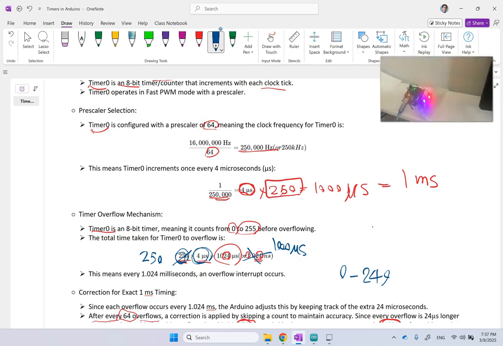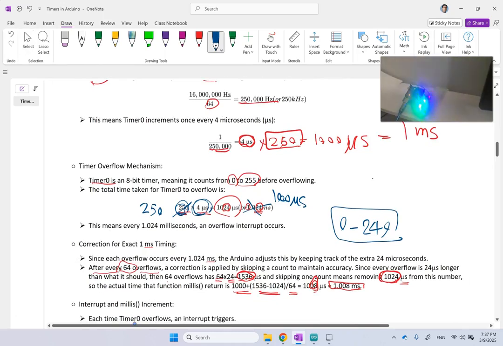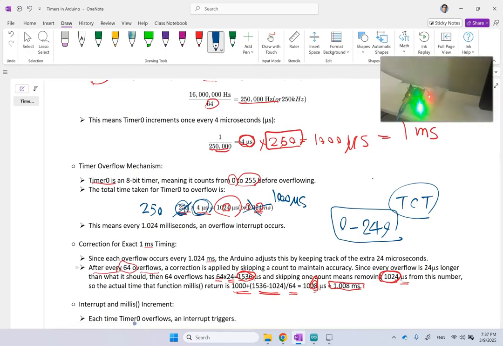And you might say, why don't you do that? Why do you count every 64 overflow and then skip one? Because this CTC mode is a little bit taxing on the calculations and it slows down the system. Okay, so you can do that if you want.